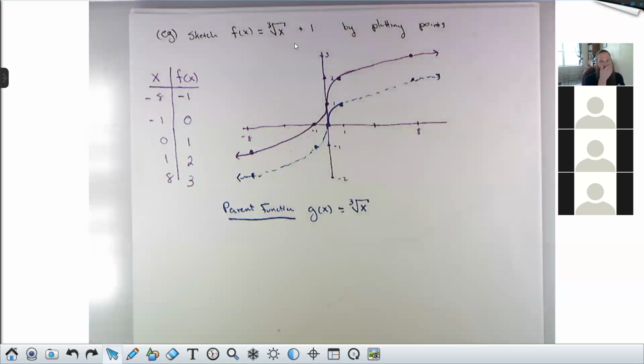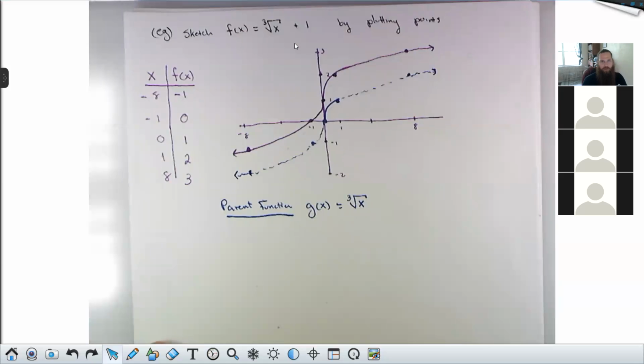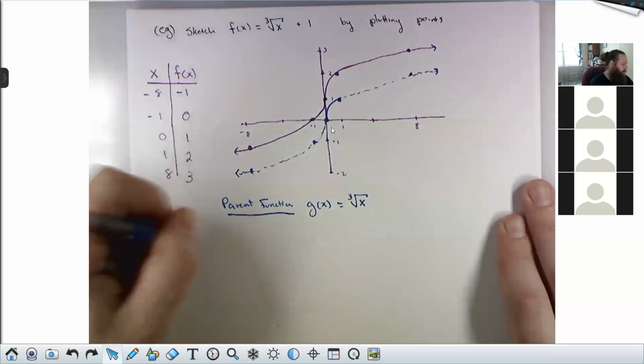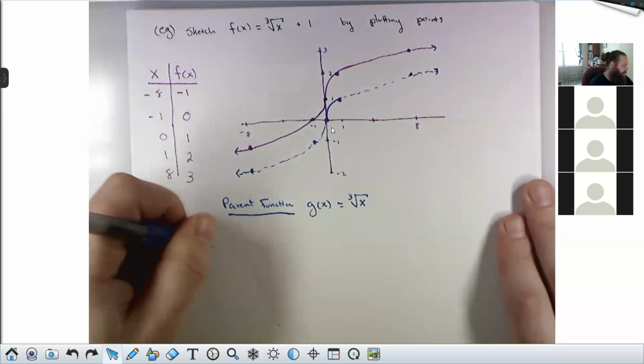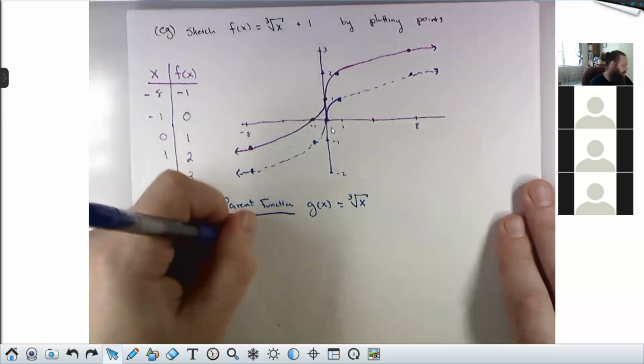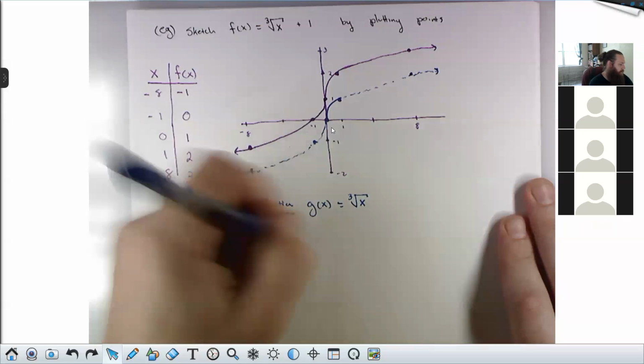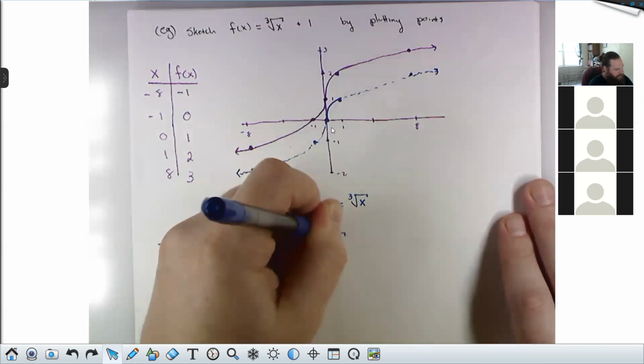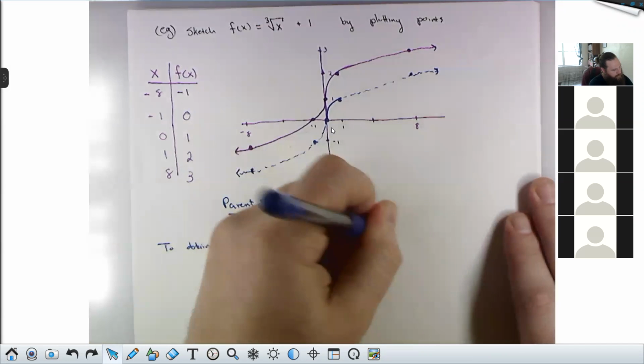So what's the relationship between g and f? What's the relationship between the parent and the child? If I started with the blue, how would I get the purple from it? Good.